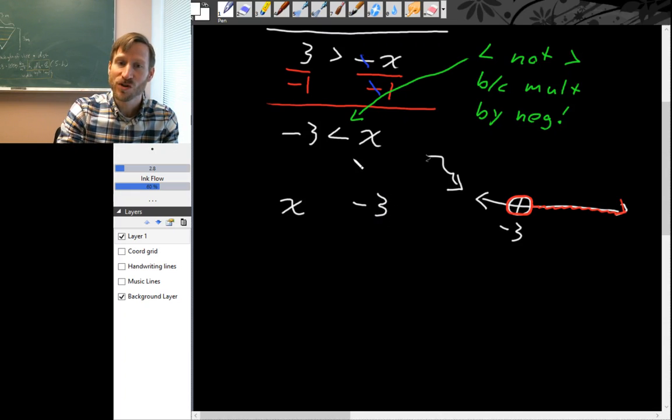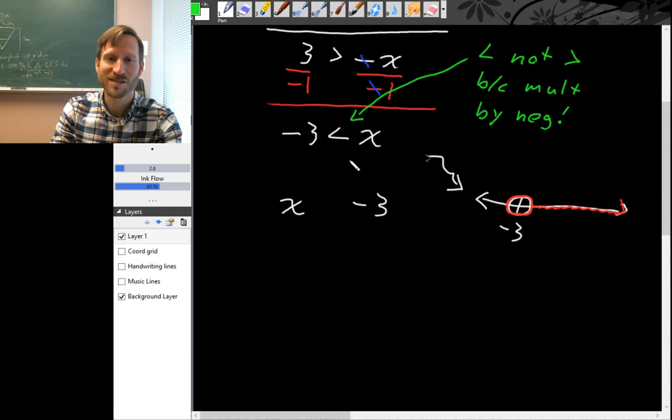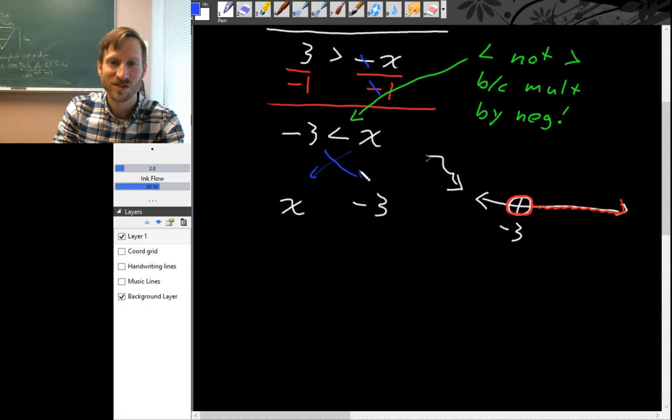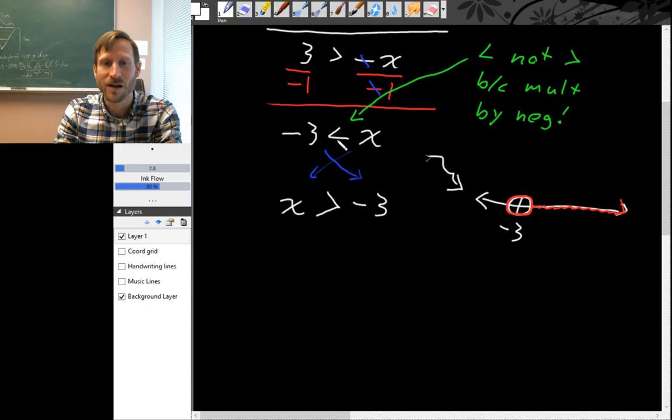But if you do this crossing move, where you're switching both sides, you're not actually doing an operation to each side of the inequality, you're not adding or multiplying anything, the inequality actually also turns around. So it goes like this. This inequality says x is greater than minus 3. And if you read both of these aloud, you can see that they say the same thing.